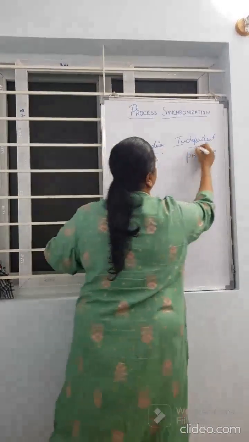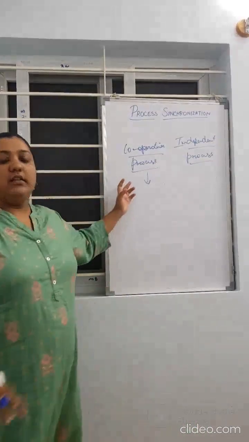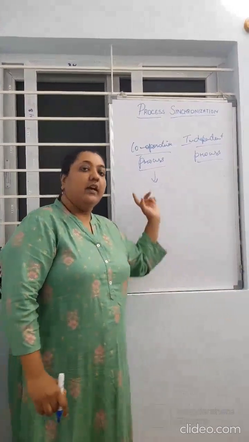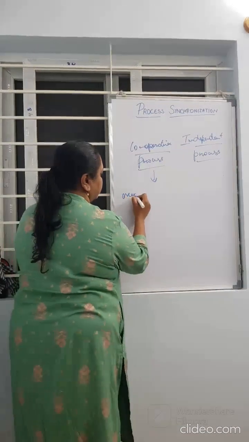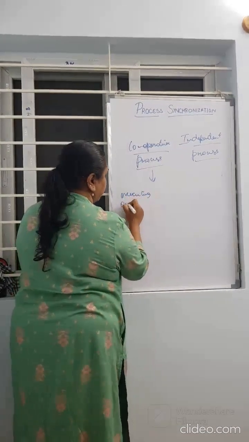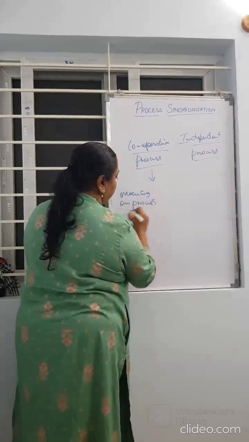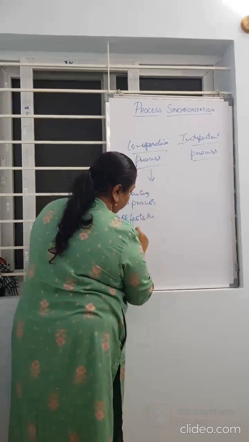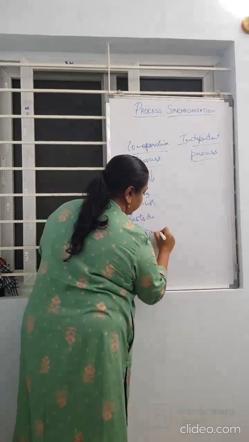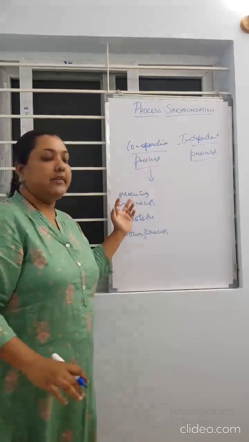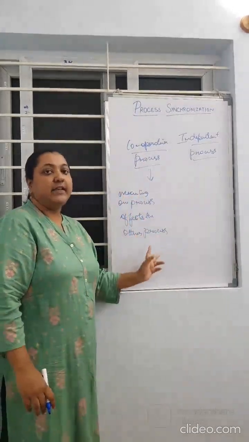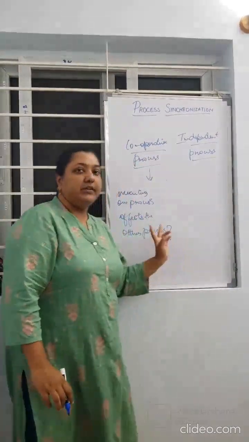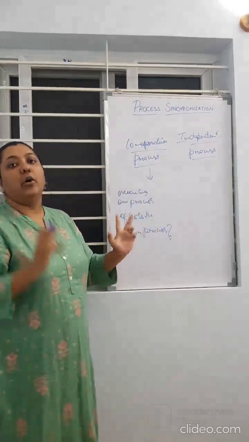Let us see what is a cooperative process. Here, the execution of one process is going to affect the other process. Basically, in a cooperative process, when we are executing one process, it's going to affect the other process. Why? The main point here is these processes have something in common.